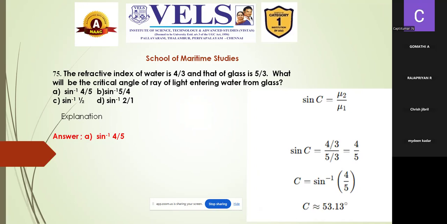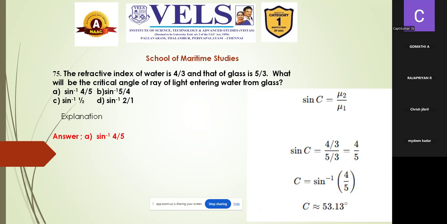So we can consider mu1, the refractive index of water, equal to 4 by 3. Then mu2, the refractive index of glass, is equal to 5 by 3. Now we find the ratio between mu1 and mu2. Sin C is equal to 4 by 3 divided by 5 by 3.